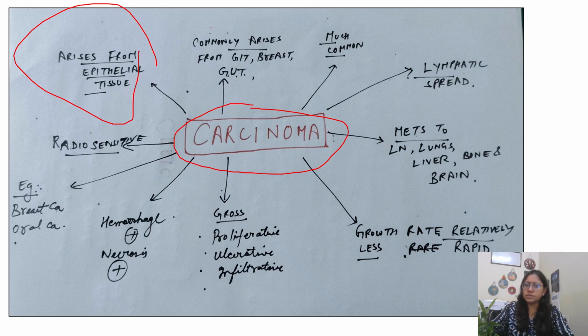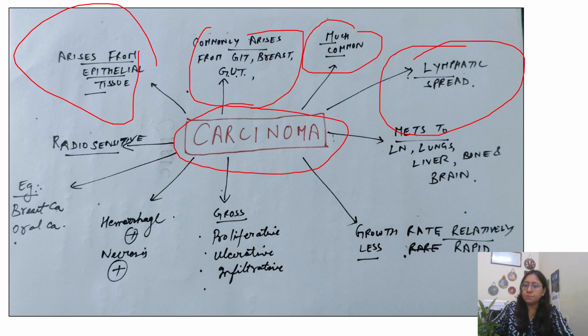Then the second point is it commonly arises from your gastrointestinal tract, breast, or genitourinary tract. When you assess the incidence of carcinoma versus sarcoma, what you find is carcinoma is much more common as compared to sarcoma. It follows lymphatic spread, and metastasis is usually to your lymph nodes, lung, liver, bone, and brain.